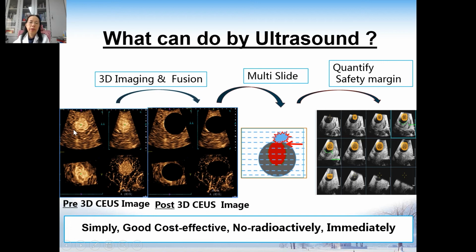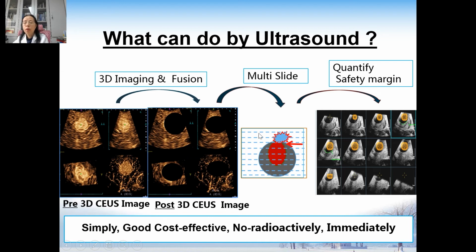Can we get a 3D volume imaging before ablation and get another 3D volume collection after ablation? And then we fuse the two images so we can get an image just like this picture. We can see the safety margin everywhere, and we can find the insufficient safety margin location.